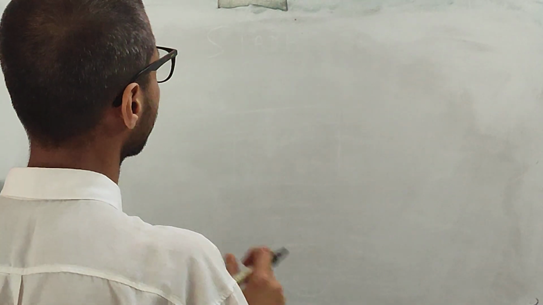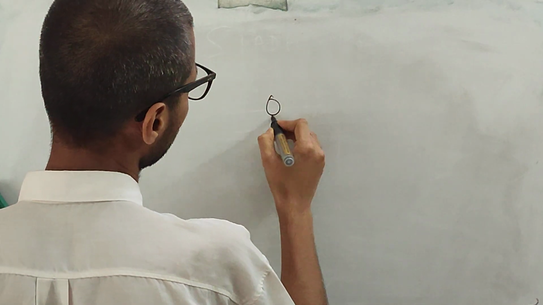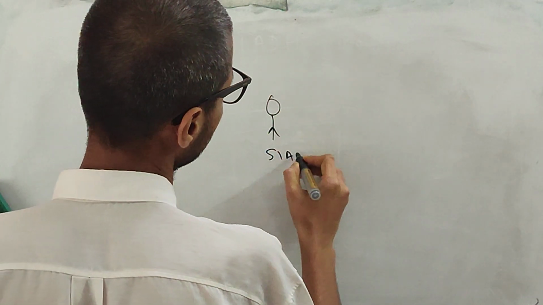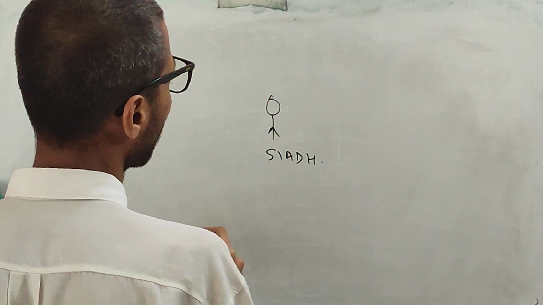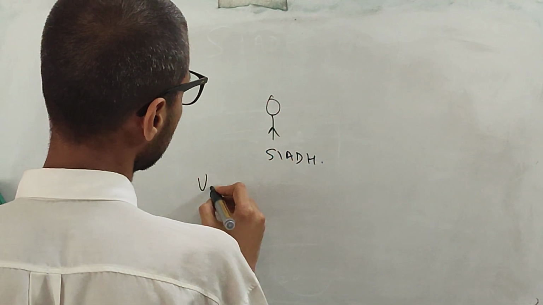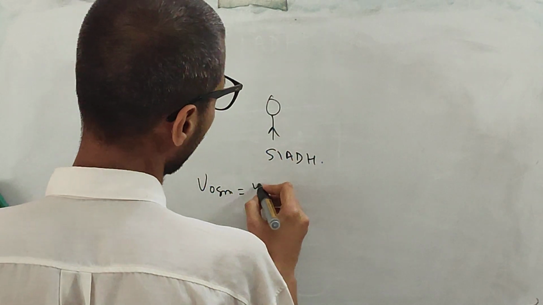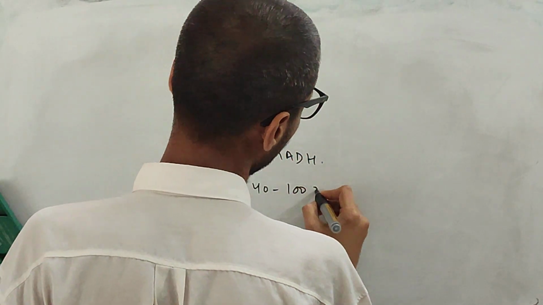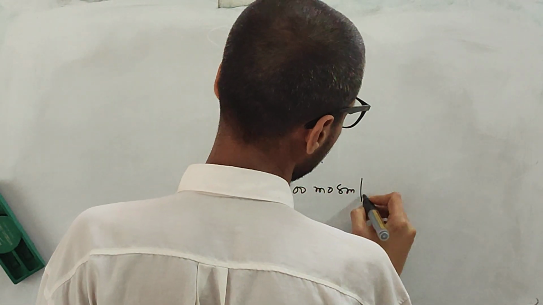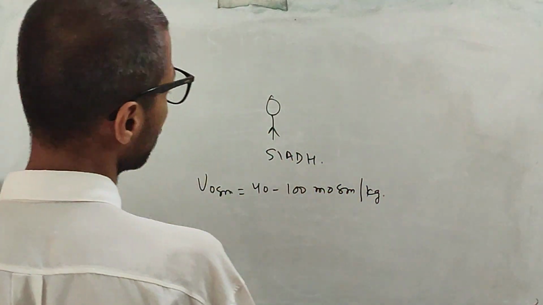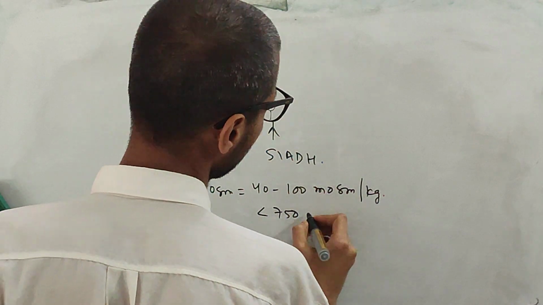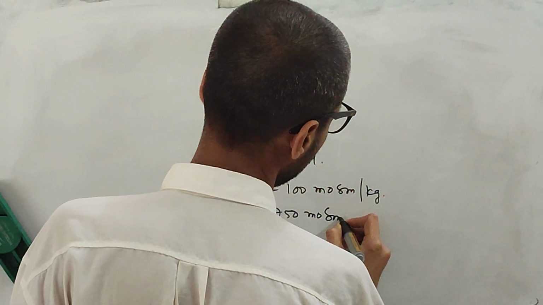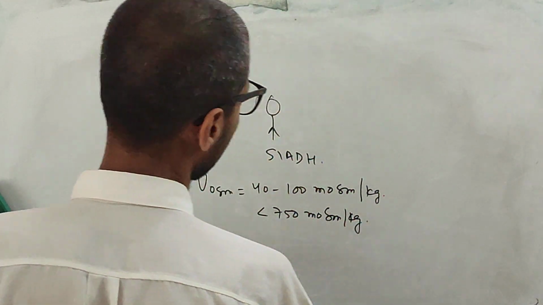Let's suppose this is a person with SIADH. Normally, a person can lower his urine osmolality to 40 to 100 milliosmol per kg. But this person with SIADH cannot lower his urine osmolality to less than 750 milliosmol per kg.